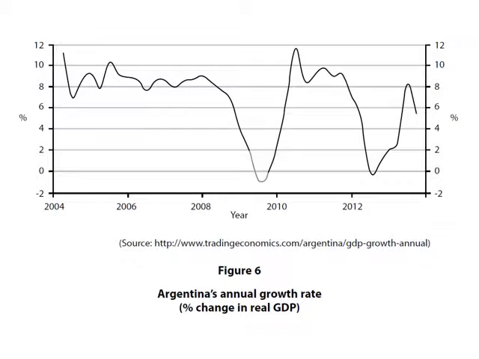Okay, figure 6 is showing Argentina's annual growth rate, so the percentage change year on year in the real GDP. If you look across, you just want to draw a line yourselves in the exam, that would be 0, just so it's very clear.